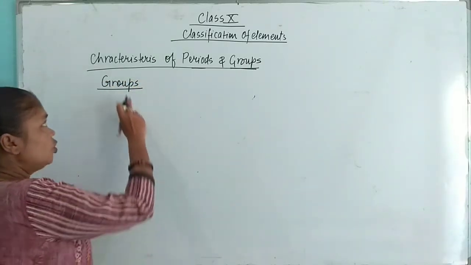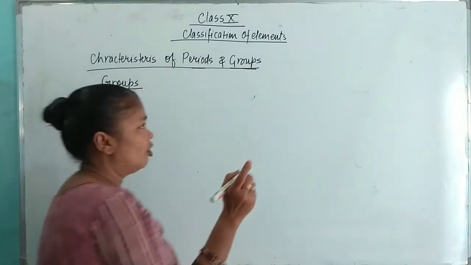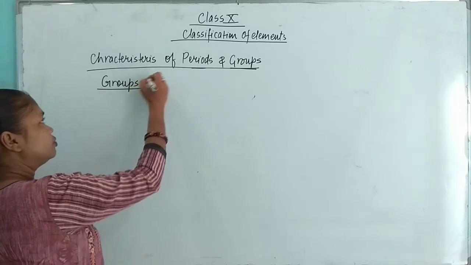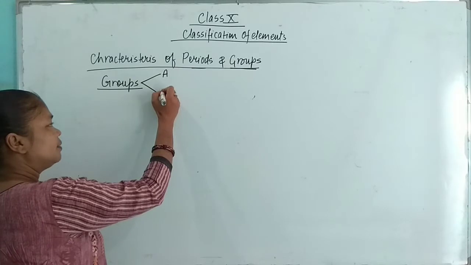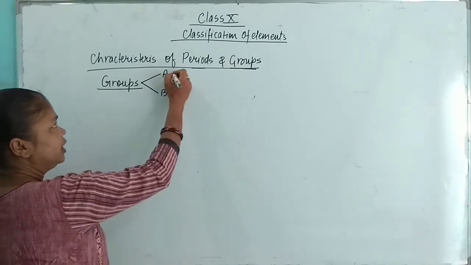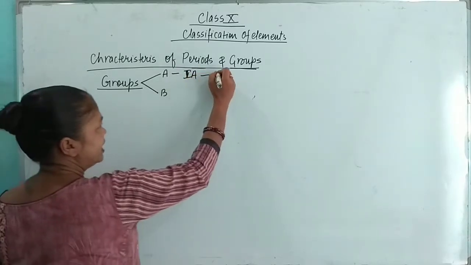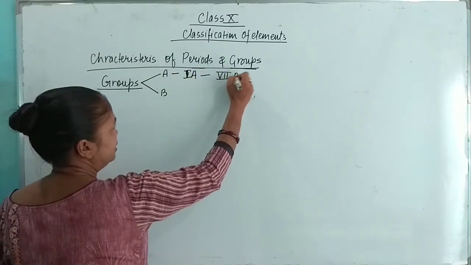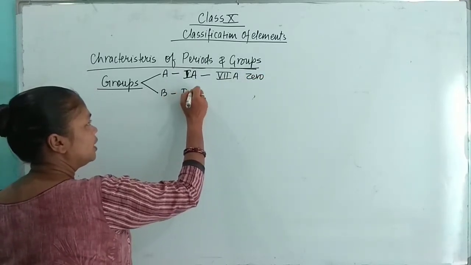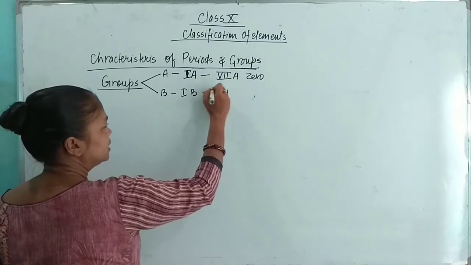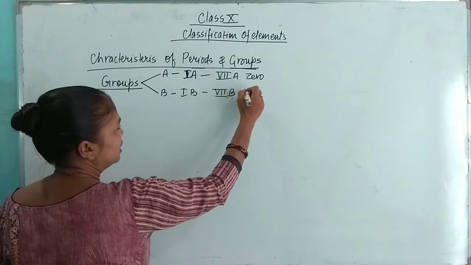In the periodic table there are 18 groups, and they are divided into group A and group B. In group A there is from 1A to 7A and the 0 group. And in group B, from 1B to 7B and the 8 group.